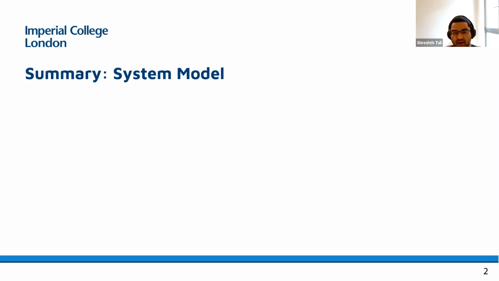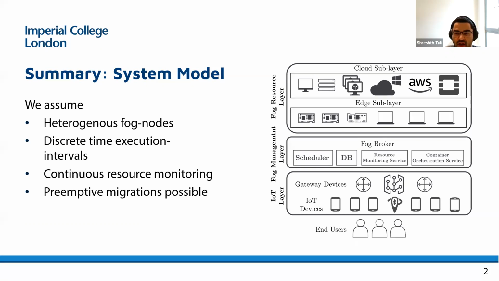And so let me quickly summarize, before diving into the technical details, the system model assumptions that we use for the rest of the talk. So just as what Giuliano described, we assume, say, a fog computing architecture, which is heterogeneous, and it has these nodes in a broker-worker fashion, which is, say, a typical case in most fog computing environments.